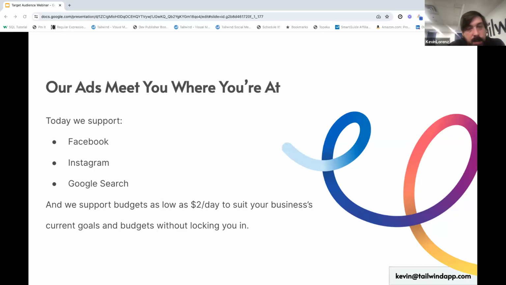So we have a flat 10% fee based on your monthly expenditure. If it's $0, we don't charge anything. If it's $100, we would charge $10. So that's how it's priced out. You're not locked into anything, and you can start as low as you want and scale from there.